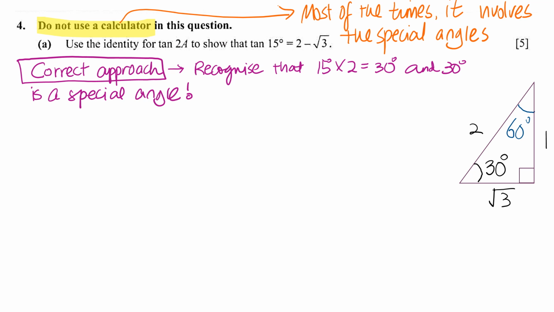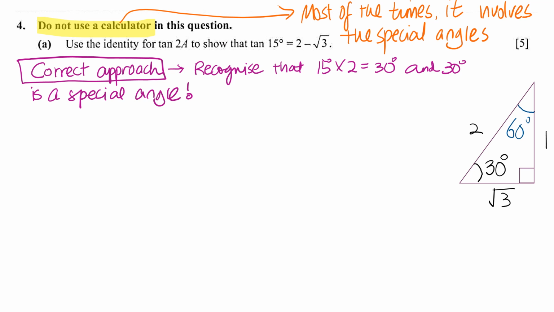To remember special angles, there are usually too many things to remember, so I like to draw a right angle triangle using the trigo ratios to remember the values for these special angles. For example, sine 30 degrees is half.